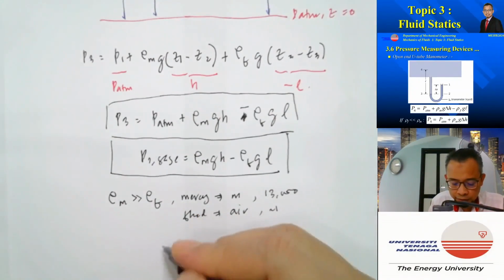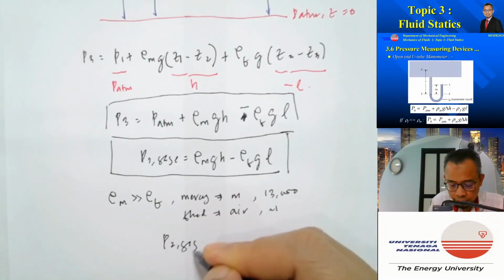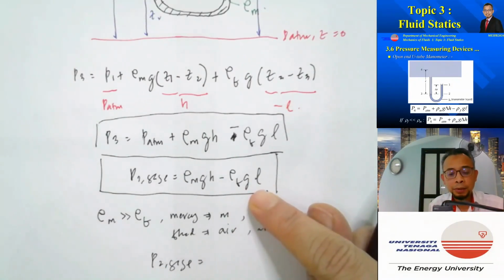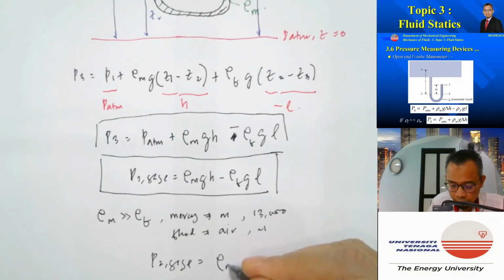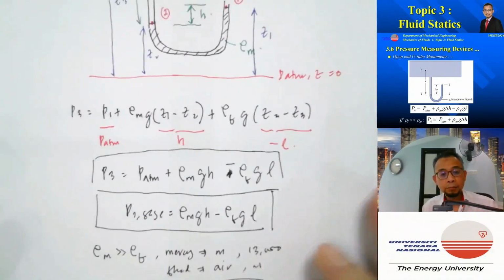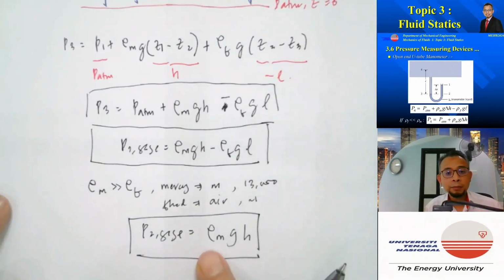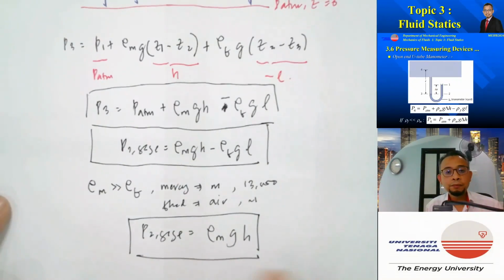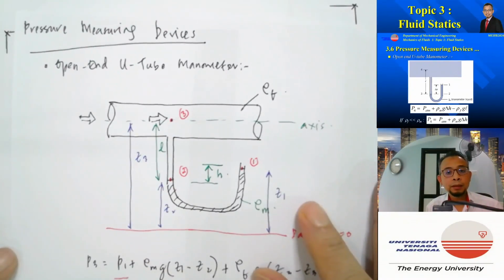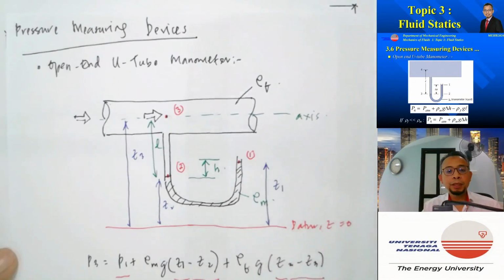So if that's the case, for P3 gauge, this one will be negligible. So it's just equal to rho M g H. Right. Okay. But this is an approximation, if only rho M is a lot bigger than rho F. So that's an open-end U-tube manometer.